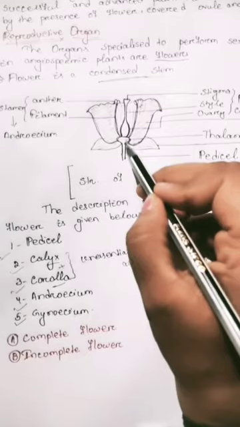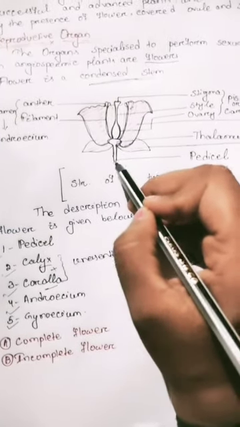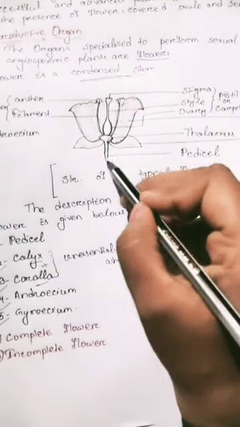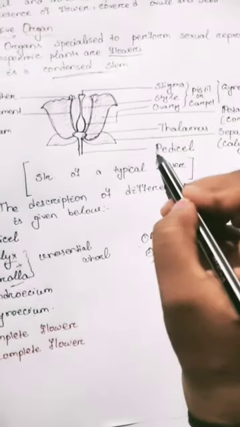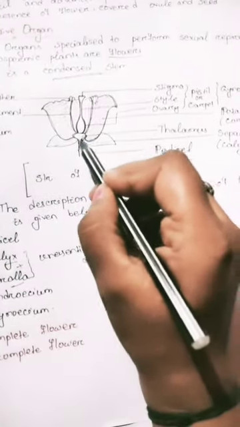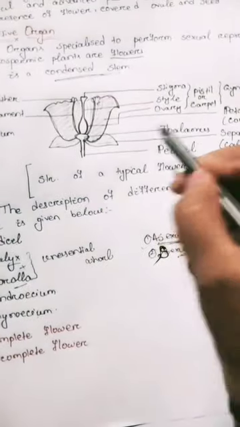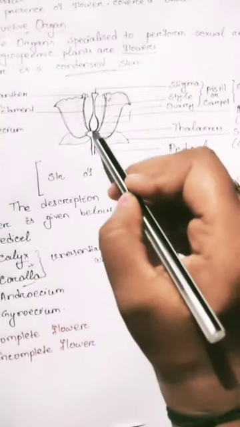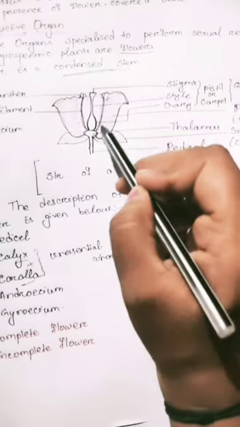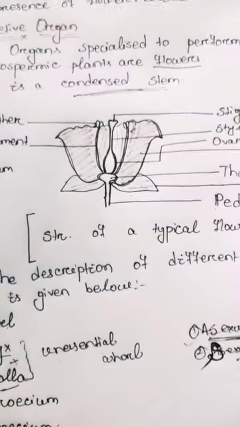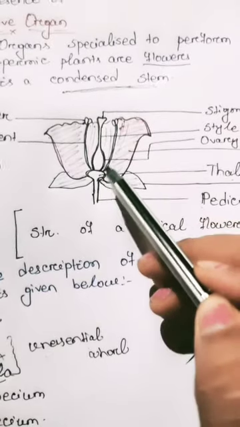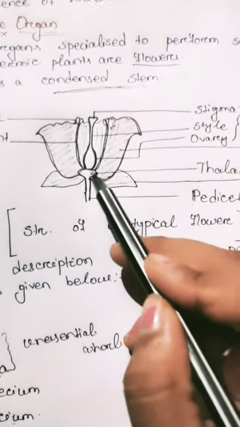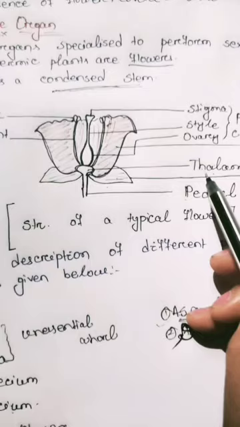Pedicel is this stalk-like structure, and the upper part of the pedicel, this swollen part, is known as thalamus, and these floral whorls arise from the upper surface of the thalamus.